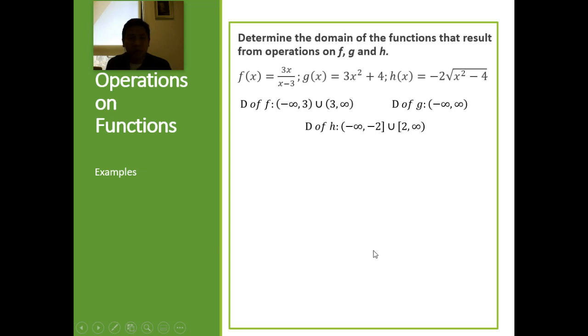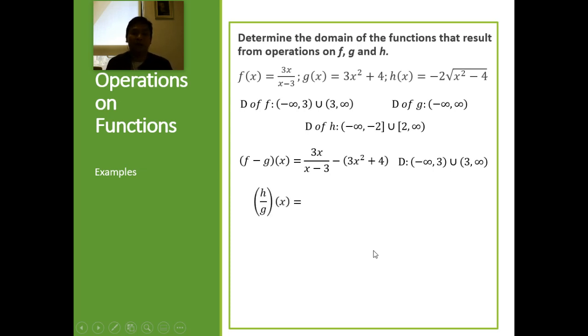Now, if we take f minus g of x, that means we end up with this function, the result of which, as you see, still involves the denominator x minus 3. So again, we cannot have 3 in the domain of f minus g.